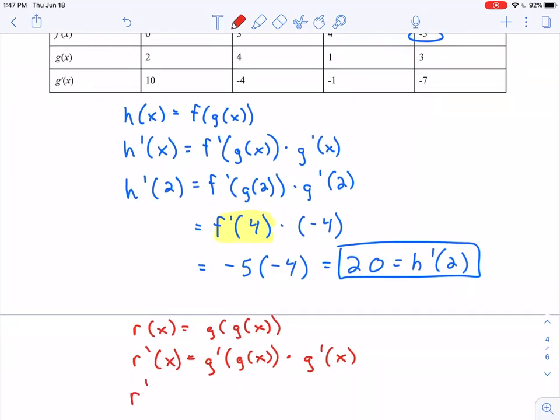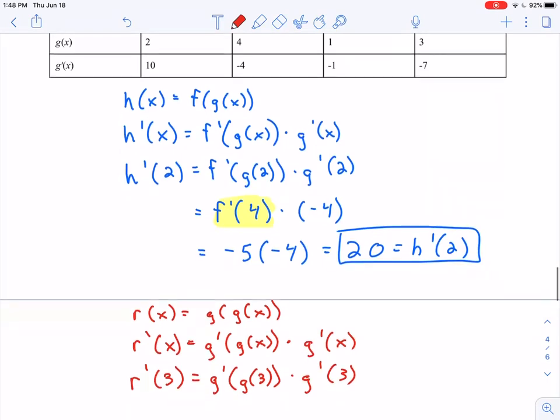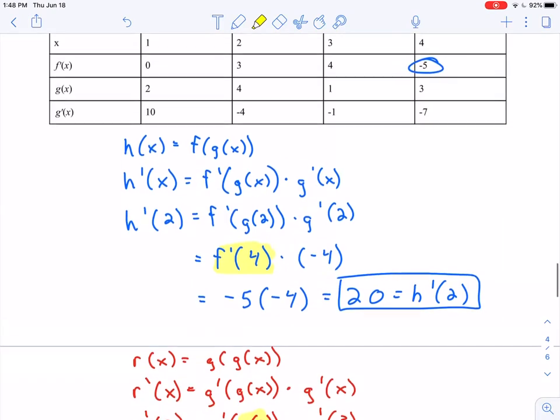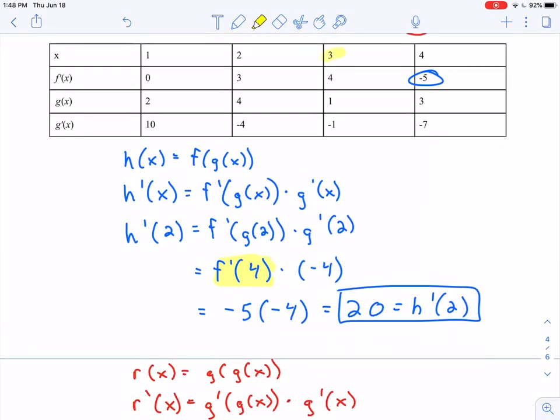So r prime of 3 is equal to g prime of g of 3 times g prime of 3. Let's look at g of 3 first. When I have an input of 3, g of x is equal to 1.